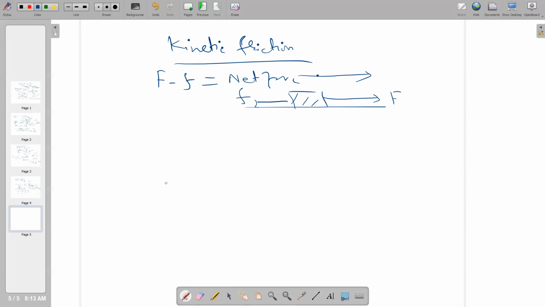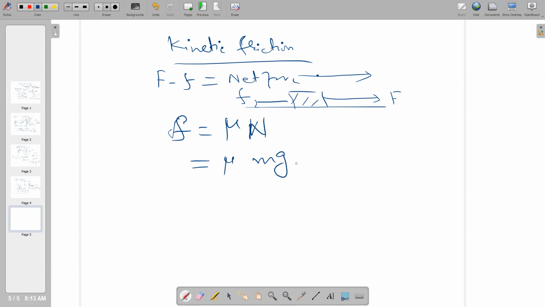Now we want to solve those problems in which friction is involved. When friction is involved, the problem becomes a little bit difficult, because you have to apply this formula: f is equal to mu into N. And N is what?